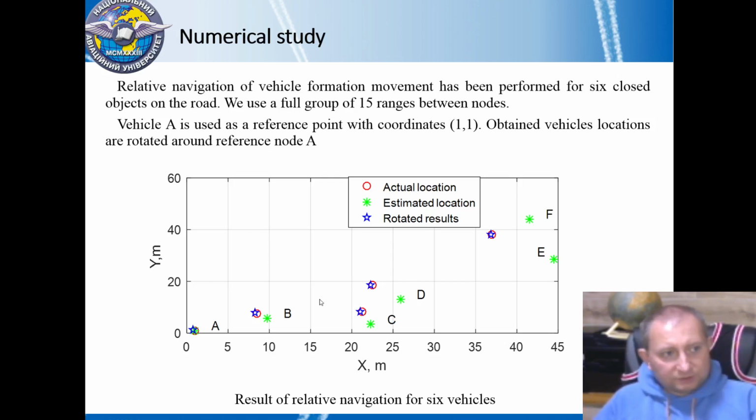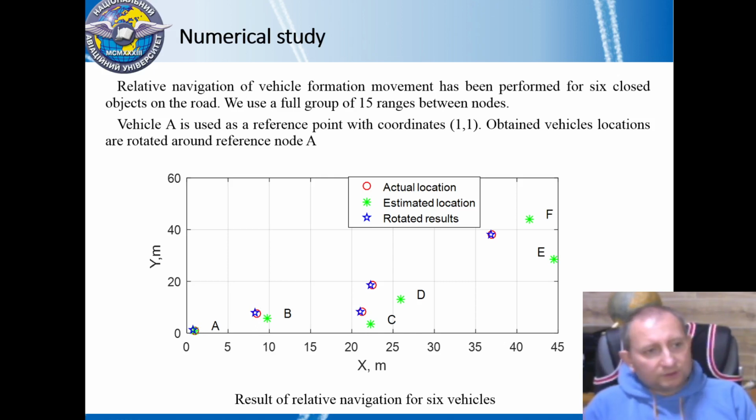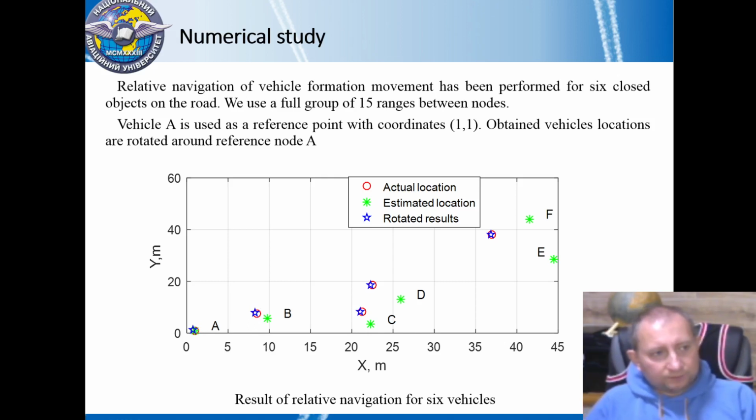And after the rotation, we've got rotated results. It is the blue stars, and we can see that mostly they coincide with the circles. Because we simulate errors, we have some distribution or deviation from the centers of the true vehicles' locations.